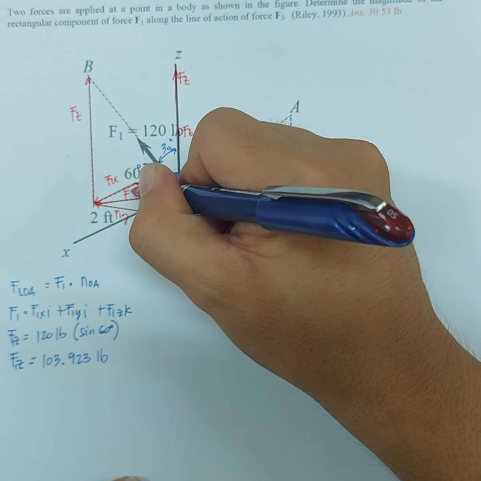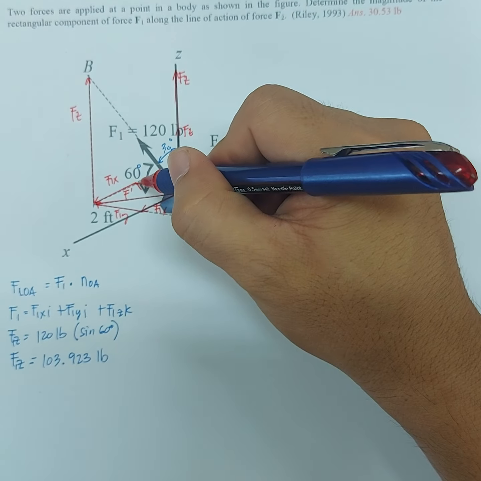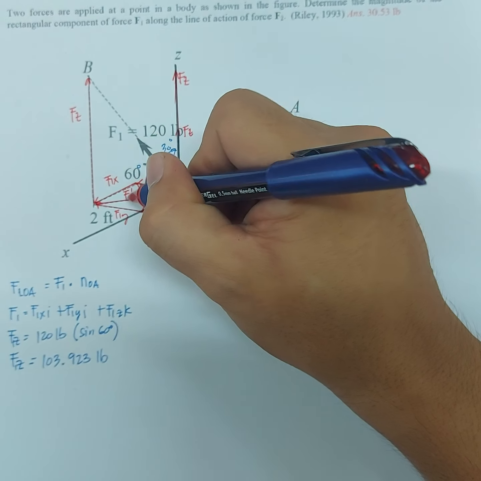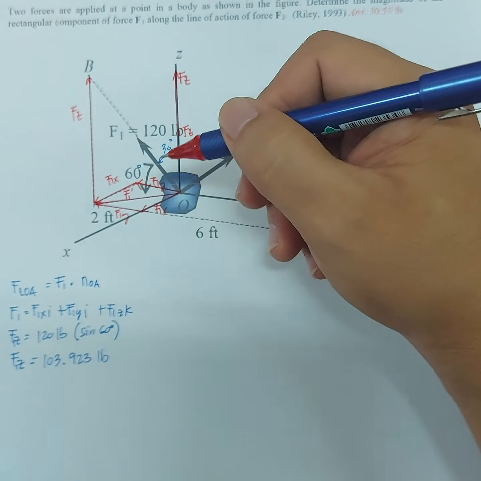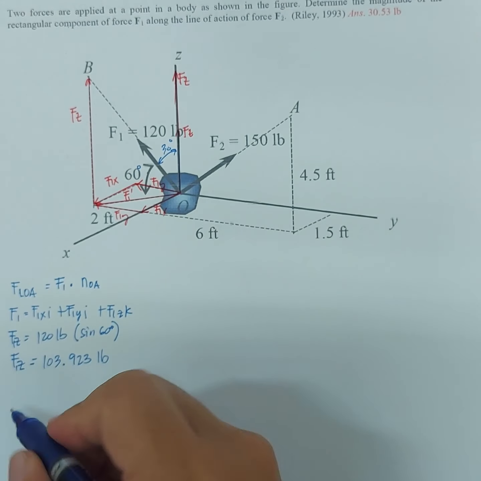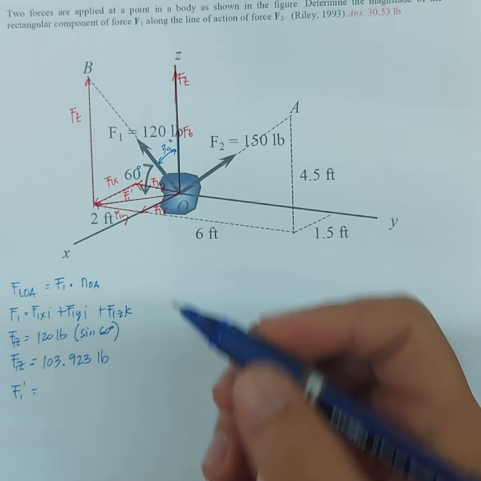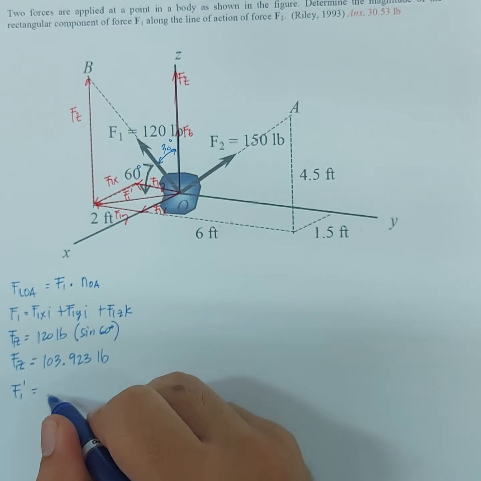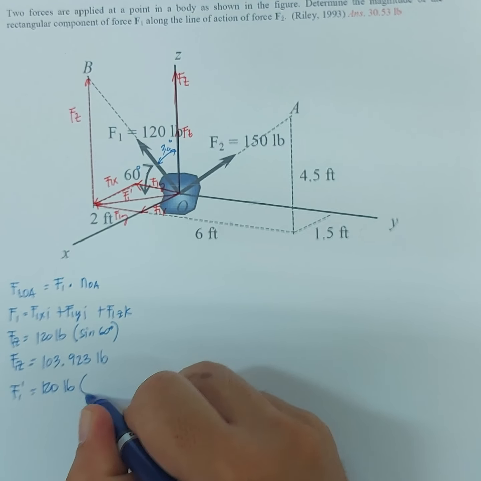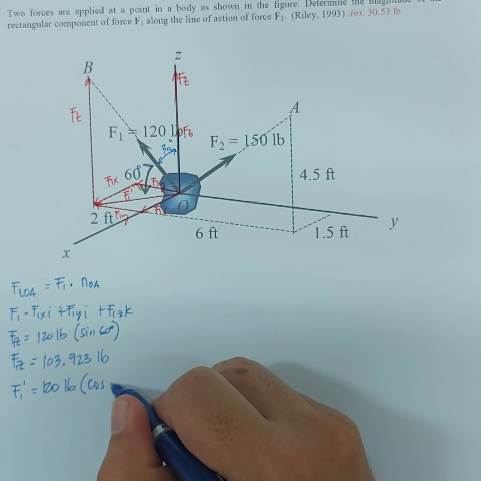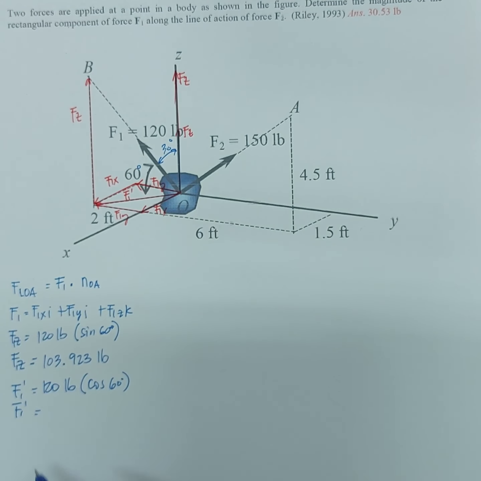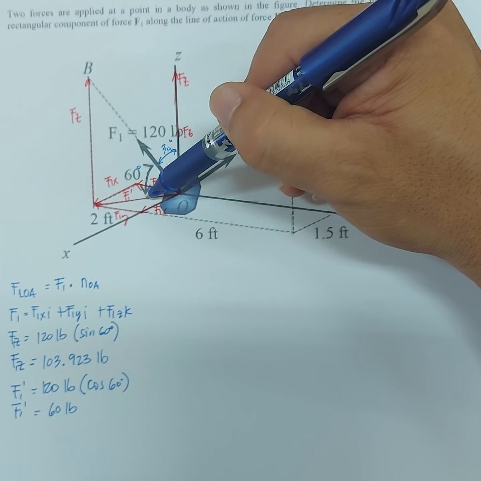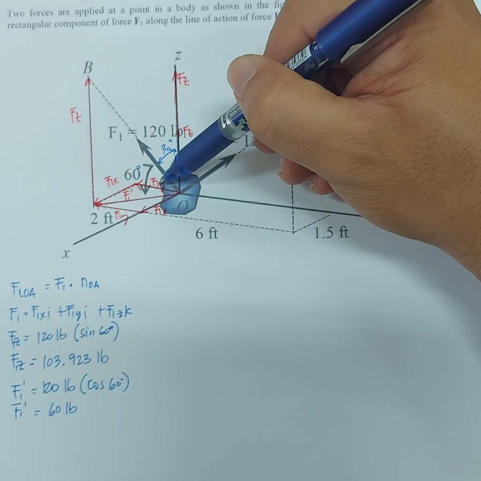Let's say this is F1 prime, the component of F1 along this axis. So 60 degrees yan. So F1 prime is simply equal to, this is the adjacent side, 120 pounds times cosine of 60 degrees. So F1 prime is equal to 60 pounds.